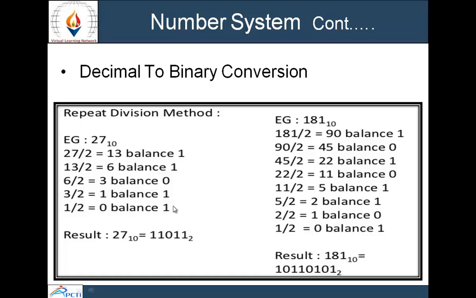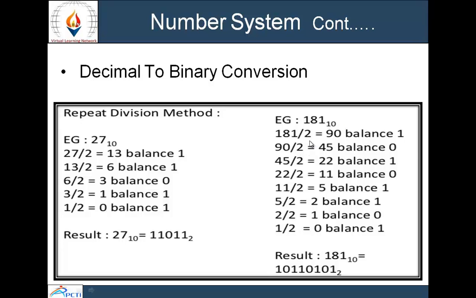Now we will write the remainder from bottom to top, that is 11011 base 2. So binary number for 27 base 10 is 11011 base 2.